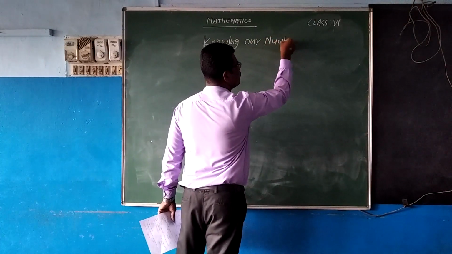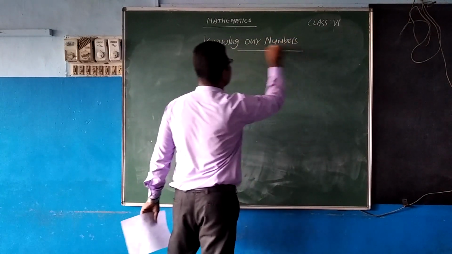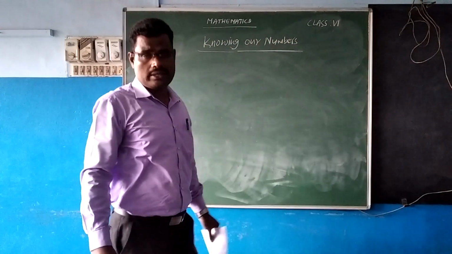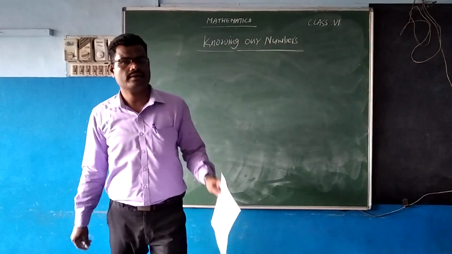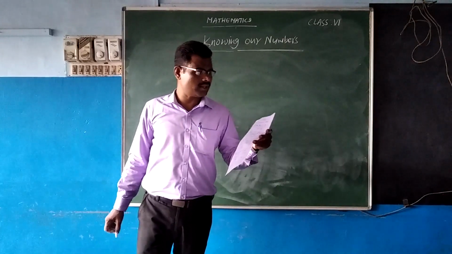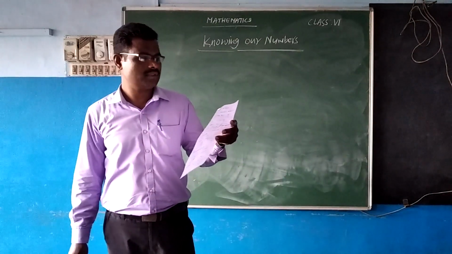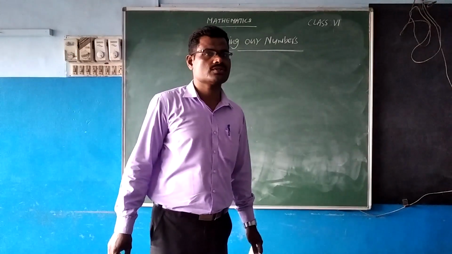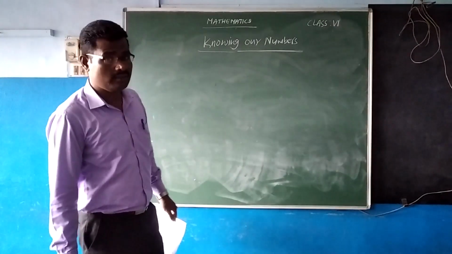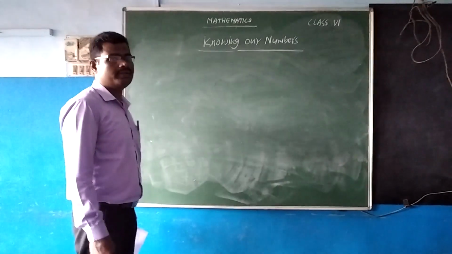What is the meaning of knowing our numbers? Already we have learned different kinds of numbers, isn't it? In this chapter we are going to learn some concepts such as 5-digit numbers. You are familiar with digits. What are the digits?